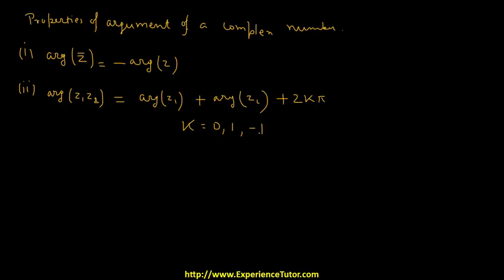We can generalize this as argument of z1 z2 z3 dot dot dot zn is equal to argument of z1 plus argument of z2 plus argument of z3 dot dot dot plus argument of zn plus 2k pi, where k is an integer.